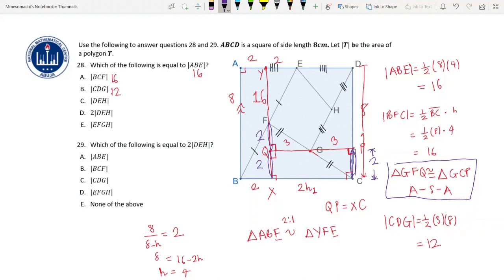And so to get the height of EHD with respect to EH, let's just drop an altitude. So this time around, I'll use a different alphabet. So let's say M, maybe for Mesomachi, for my name, okay? So let's say we use M for the height here. Okay? So my diagram is a bit messy, so let me just erase some things to create some space.